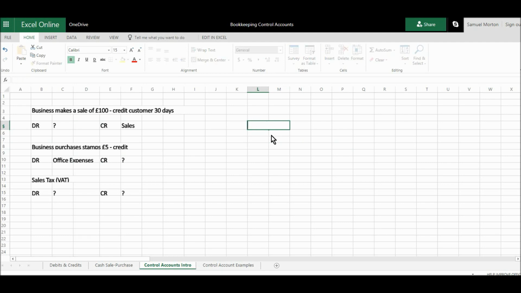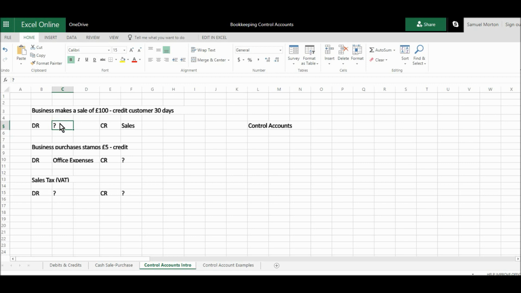Because what a control account will do is fulfill a role that fills that void.